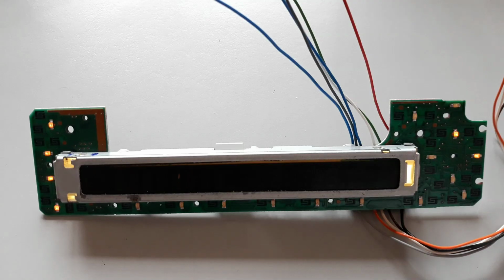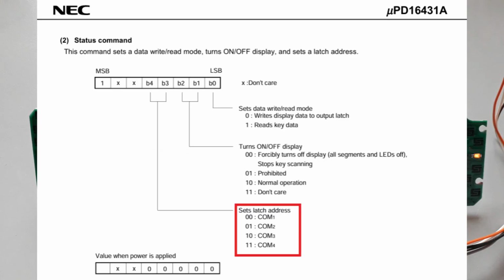Since 7 bytes correspond to 56 bits, and the driver supports up to 224 segments, we need to transmit 4 separate data blocks to update the entire display. The block selection is defined by bits B3 and B4 of the status command.